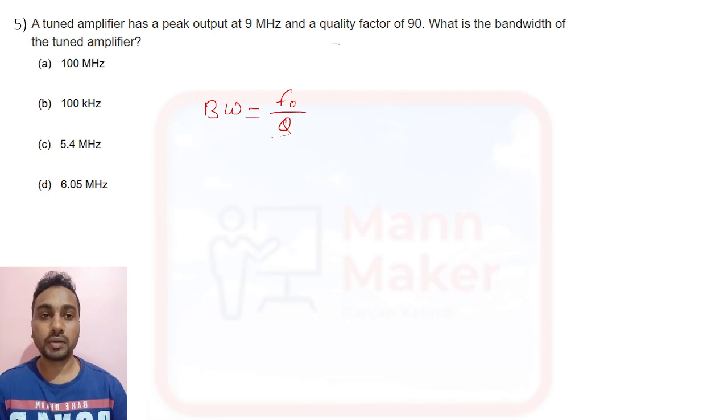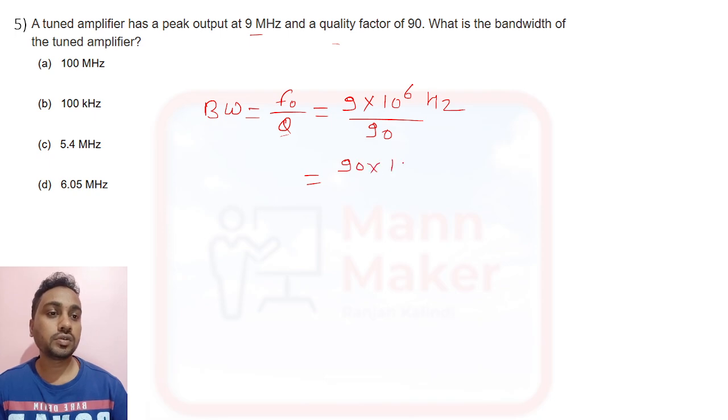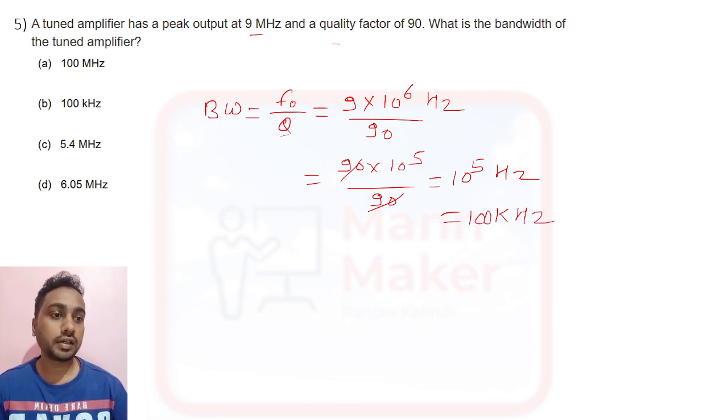This is the formula for bandwidth. f naught is the resonant frequency, which is 9 megahertz, or 9 times 10 to the power 6 hertz, and the quality factor is 90. So 9 times 10 to the power 6 divided by 90 gives 10 to the power 5 hertz, or 100 kilohertz. Option B is the right answer.